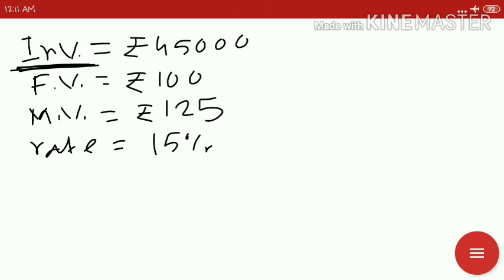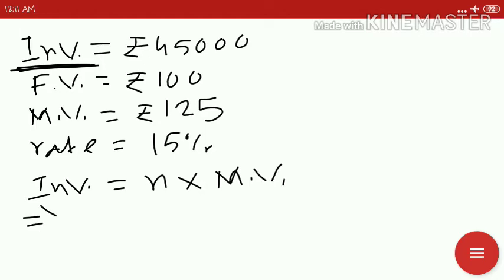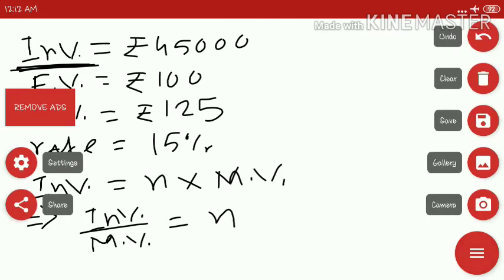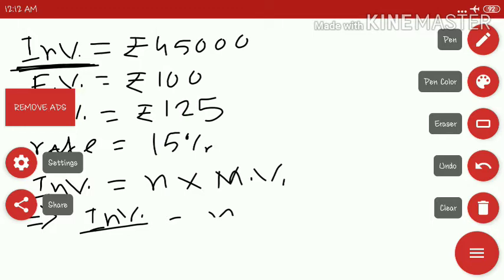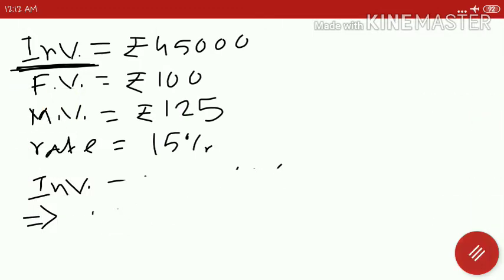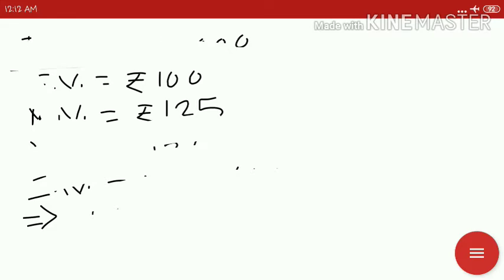To find the number of shares, you can use the investment formula: investment equals the number of shares into market value. So if we need to find the number of shares, keep n on one side, and the market value will go to the other side, to the left side, and it will come as a division, that means investment by market value will give the number of shares. Now we are going to use this formula and put in the values accordingly.